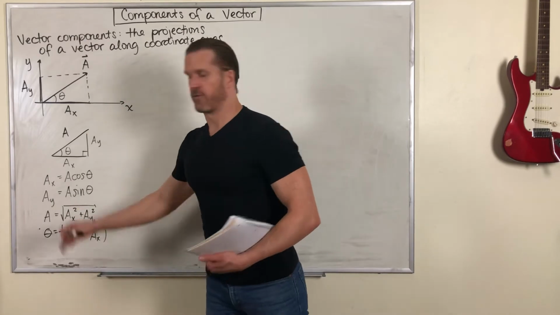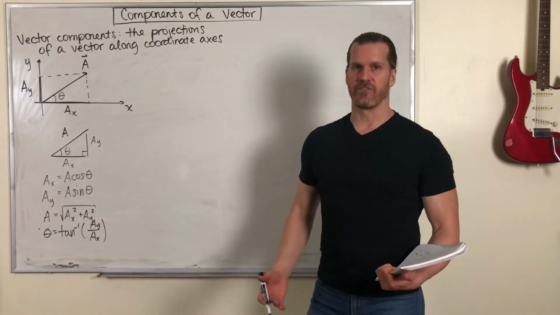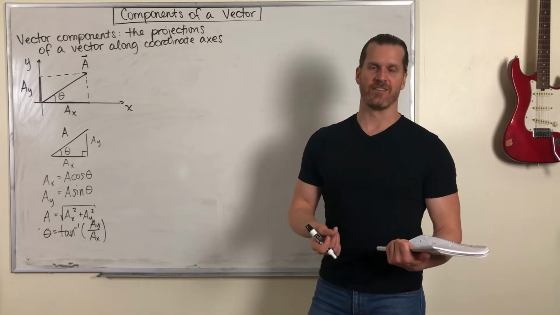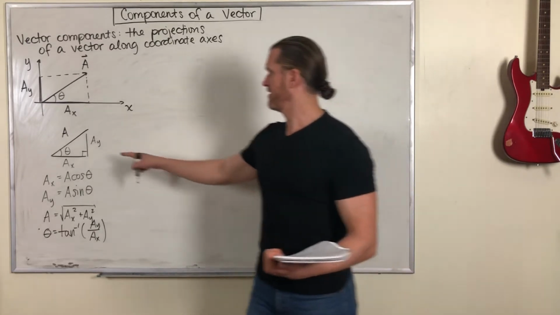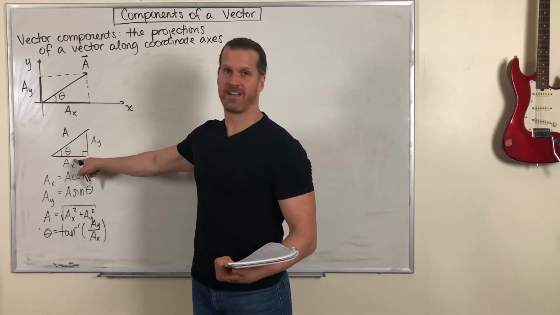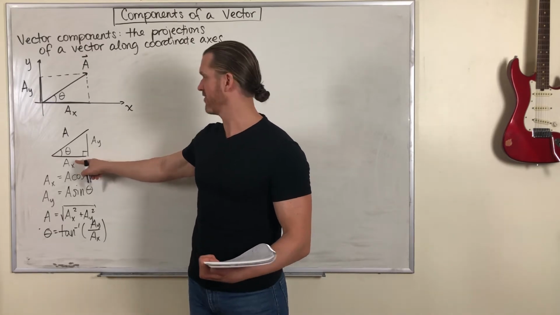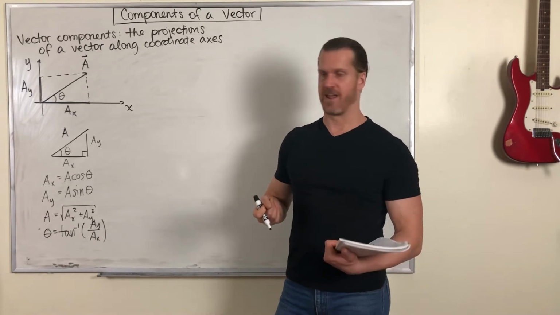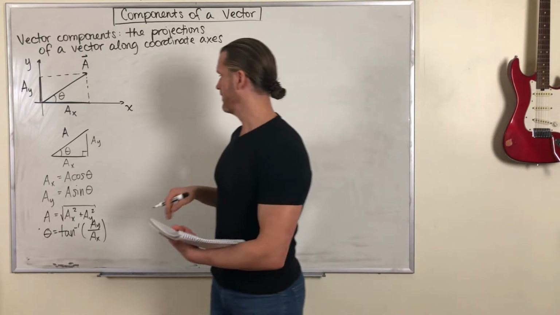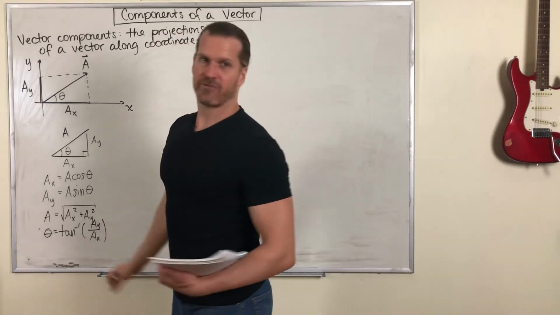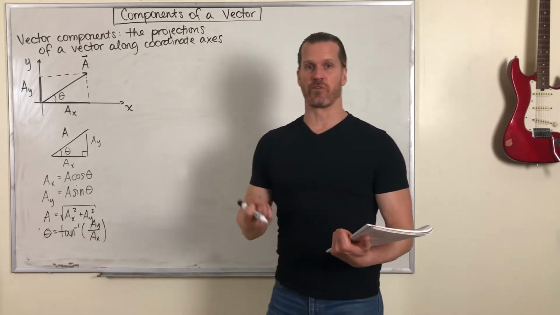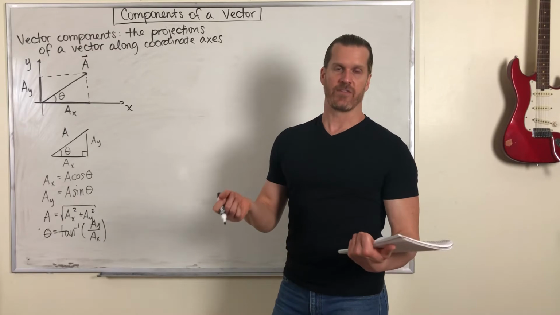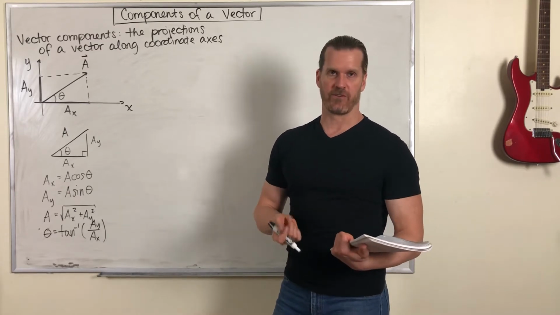So these are just the properties of right triangles, now using our new vocabulary where we're calling these two sides the components of vector A, and we're calling the hypotenuse the length of vector A. So this is all trigonometry that you've done before. We're just using new words. We're using components for the legs, and length of the vector or magnitude of the vector for the hypotenuse.